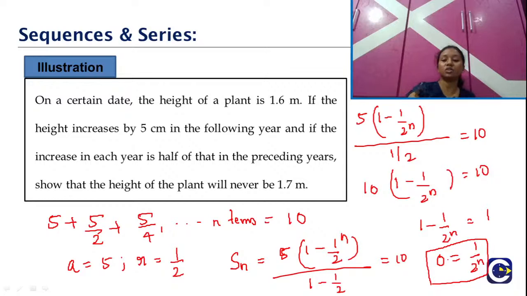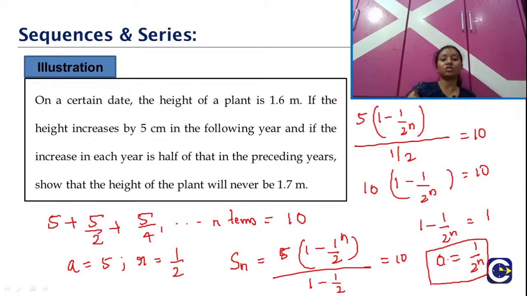If I take n as 0, this will be 1. If I take n as minus 1, this will become 2. That means there is no possible n value such that the result equals 0.